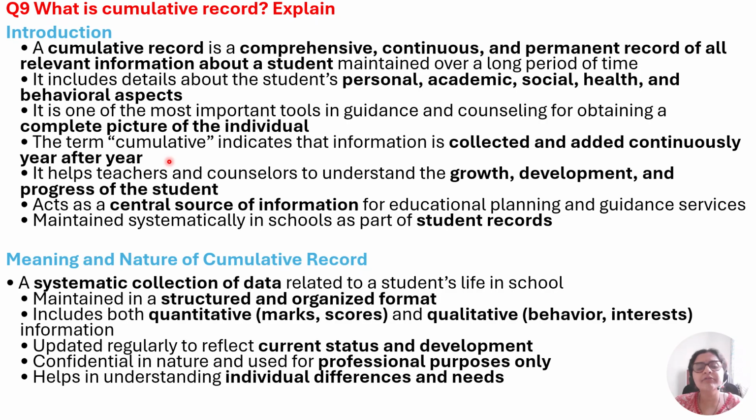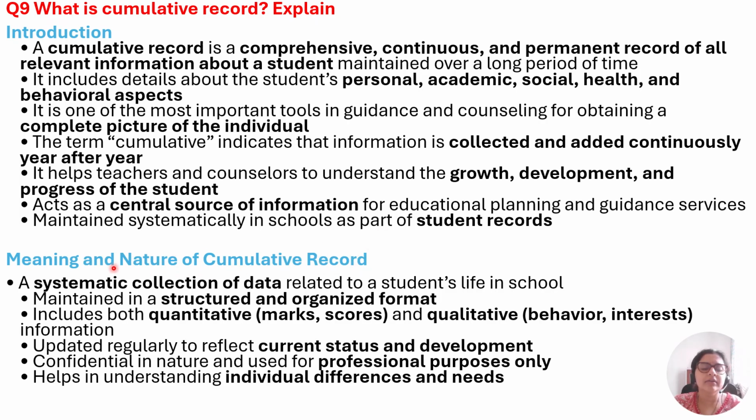Okay, cumulative means, as we already know, it is the information that is collected and added continuously year after year. It helps teachers and counselors to understand the growth, development, and progress of a particular student. Okay, it acts as a central source of information for educational planning and guidance services.